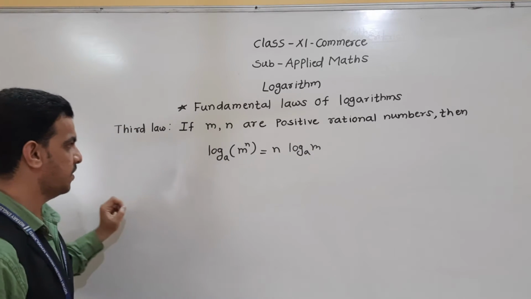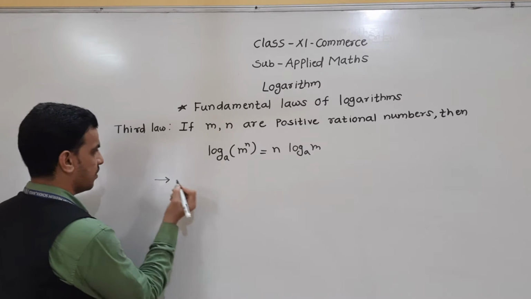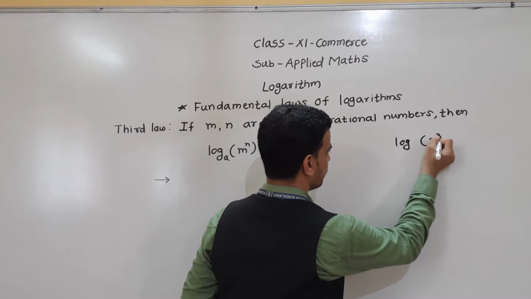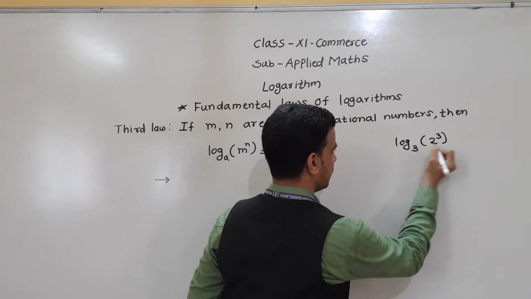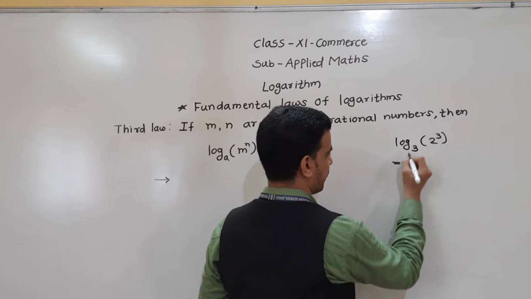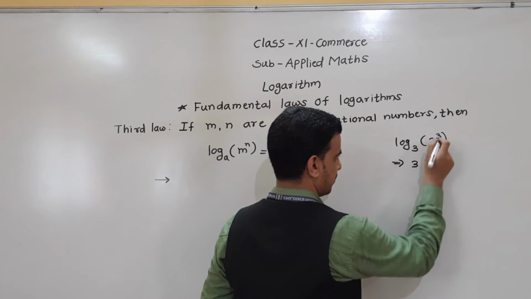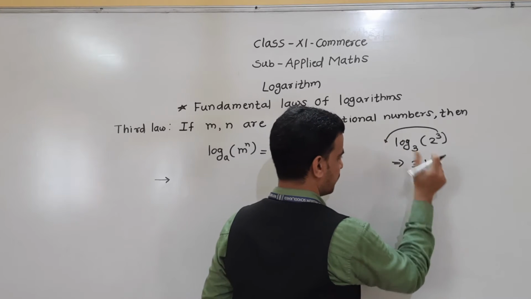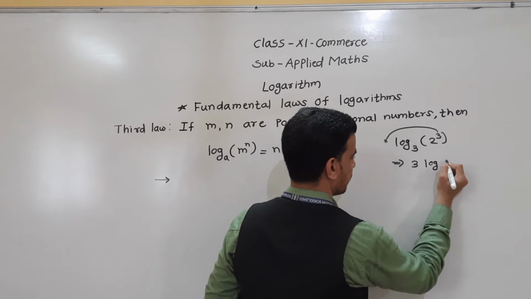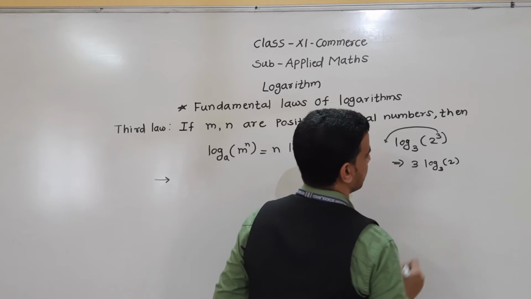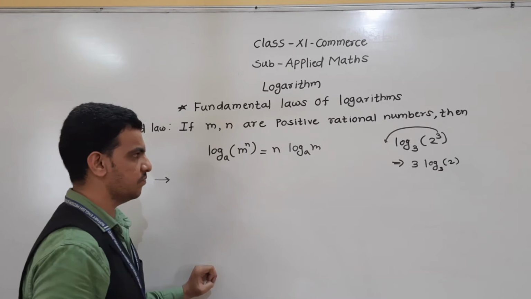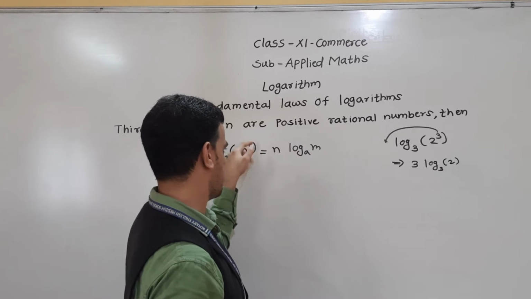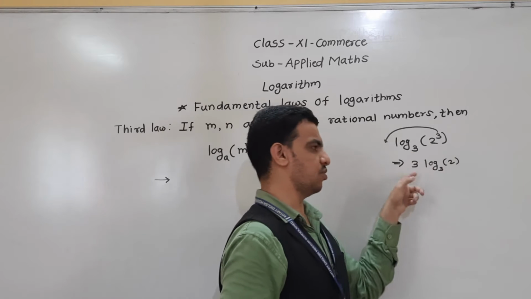For example, log of 2 cube to the base 3 we can simplify as 3 into log of 2 to the base 3. So if argument raised to some number is there, then we can take it as a coefficient.